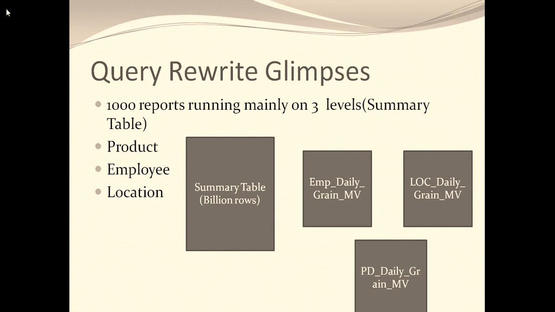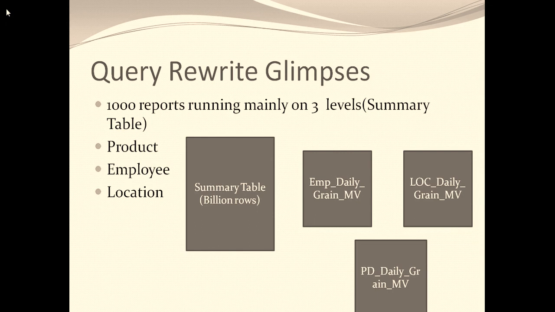Now let's assume that I had created these 3 physical tables. If I wanted to leverage them in my queries, I would have to change all my 1000 reports, which is way too much development and testing effort. So instead of doing that, I've created these materialized views. If I have configured my materialized view in a correct manner, next morning when Oracle goes ahead and runs these 1000 reports, it will know that the same kind of summary data persists in these 3 materialized views.